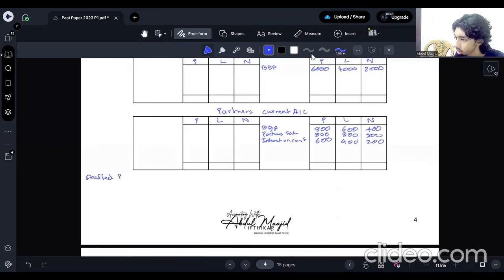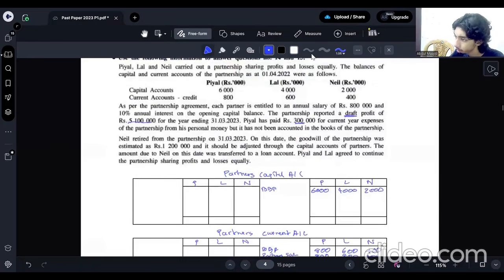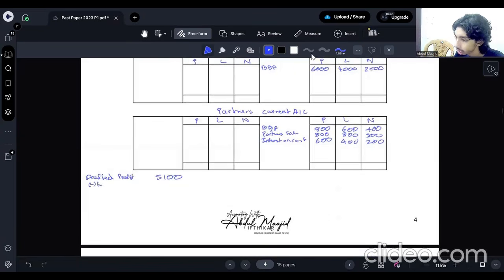So, drafted profit is given as 5,100,000. PL has paid the expense of the business and it has not been recorded. So you can deduct that expense from your profit, 300, and get the corrected net profit as 4,800,000.